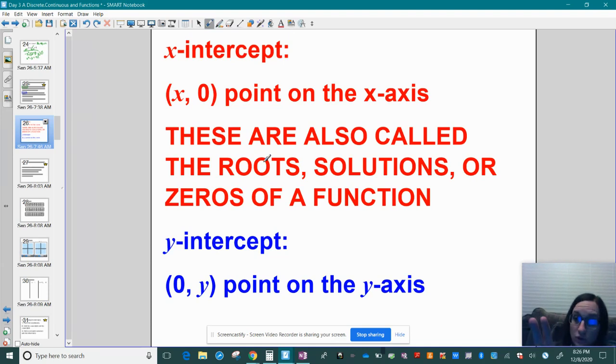They're also called solutions. They're also called zeros of a function, because look, it has a 0 in it. Got a lot of vocab words for some of the same stuff here. A y-intercept is just like an x-intercept, but this time the 0 is in the x spot, and we have a value for y, and it's located on our y-axis on our graph.